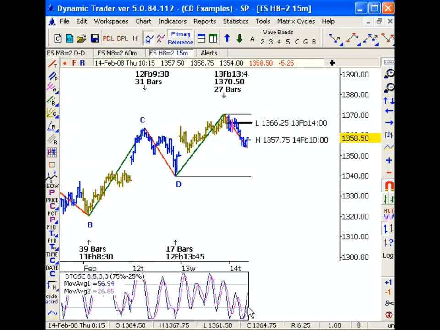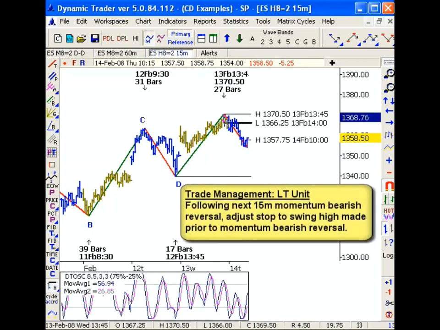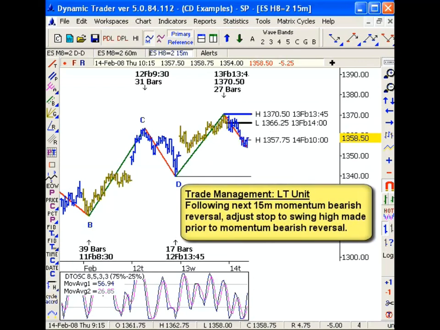So we're not going to adjust the stop close to the market quite yet, but following the next 15-minute bearish reversal, we'll adjust the stop on the second unit to the swing high made following the 15-minute bearish reversal. So our stop is still one tick above that high, and there's just no reason to bring it closer right now. Let's add some more data.